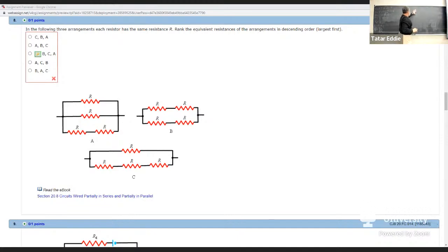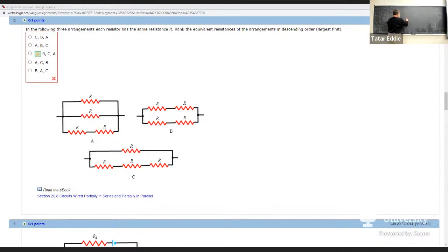Now, those three are connected in parallel, but it is easier to add them in pairs. In other words, combine those two. Well, now they're in parallel. So it is a product divided by the sum.